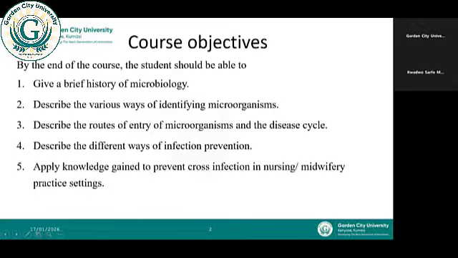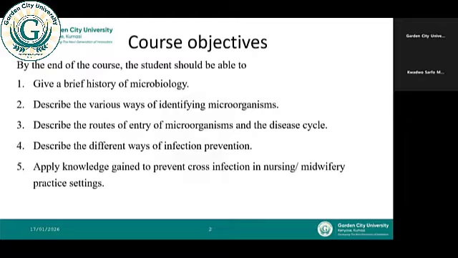So these are the course objectives. At the end of this lecture, or for the microbiology course in particular, you should be able to give a brief history of microbiology and then describe the various ways microorganisms are identified.